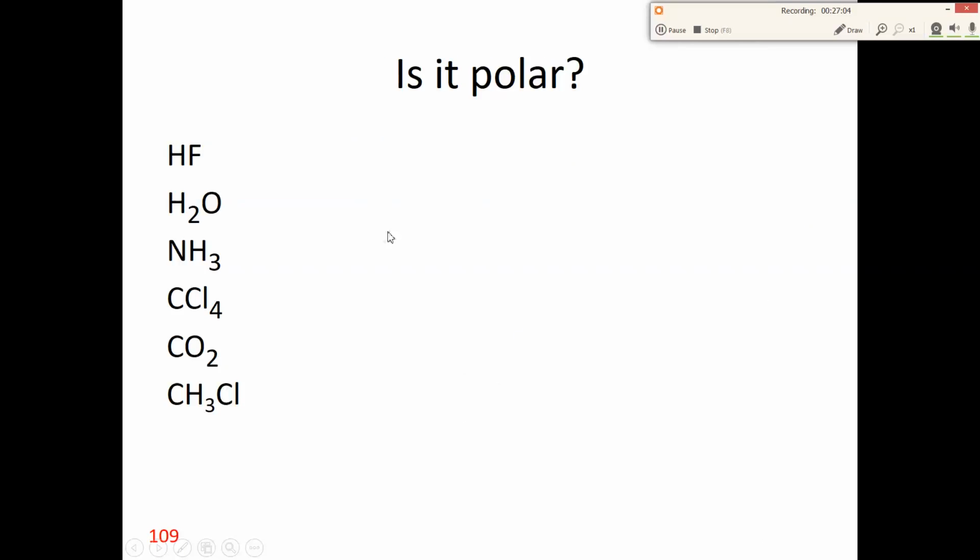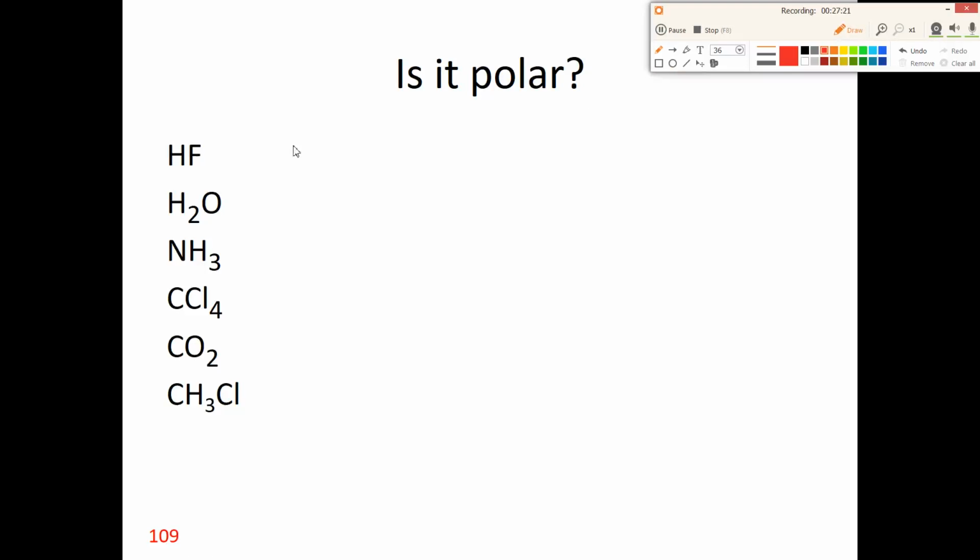Right? Is it polar? So do those practices in your notes and show me your notes. You should have those practices. Try to figure out, so what you need to do is figure out the Lewis dot structure first, then figure out the VSEPR geometry.